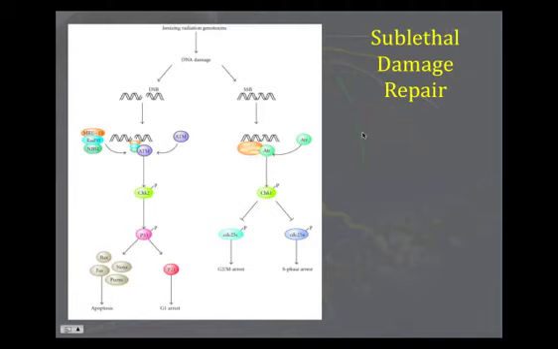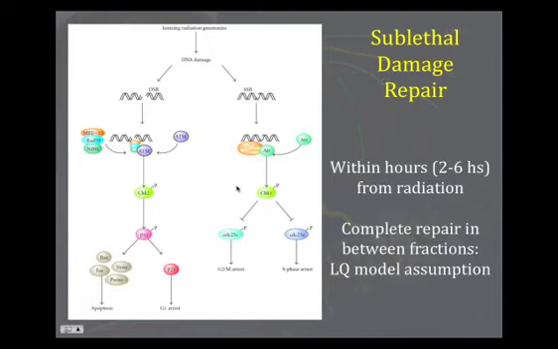But after one single fraction of radiation, that's the repair that happens. And that justifies why we lose effectiveness as we fractionate more in terms of cell killing efficiency. So all this happens actually within 2 to 6 hours from radiation.